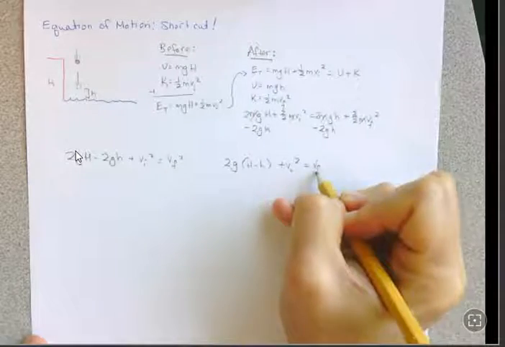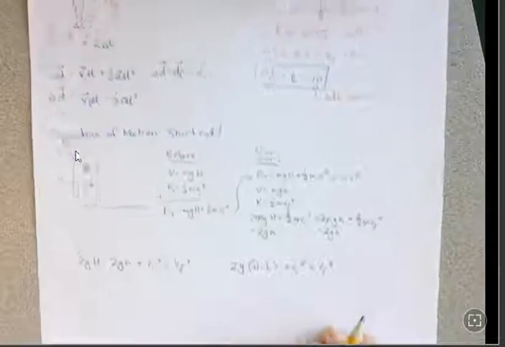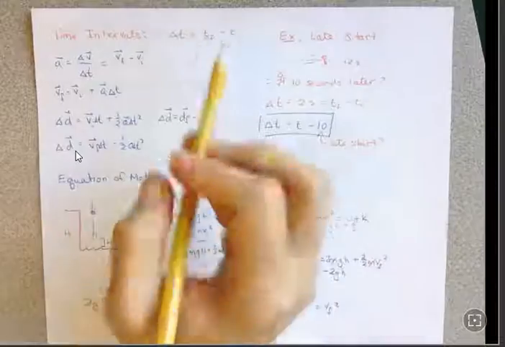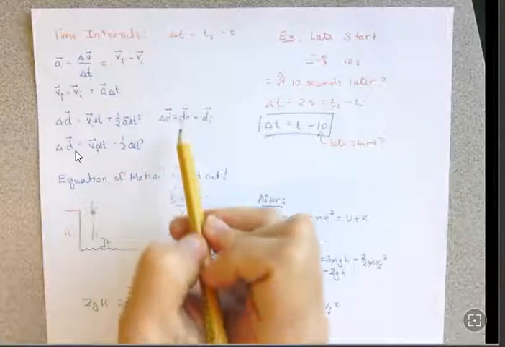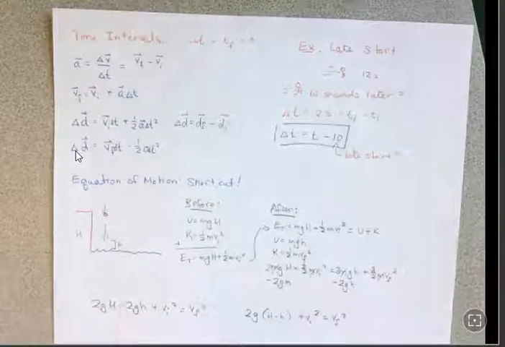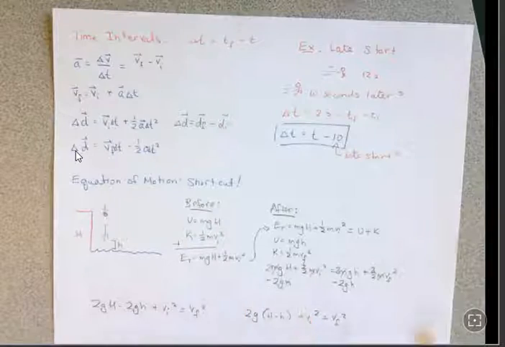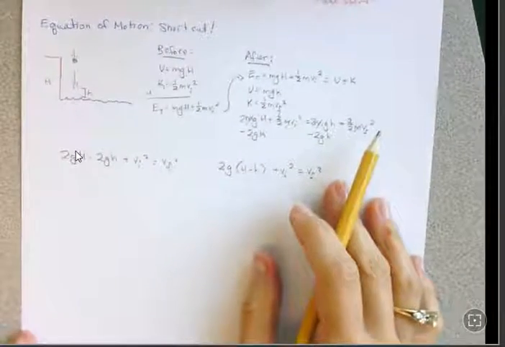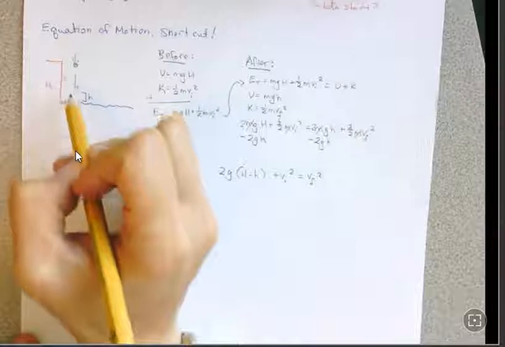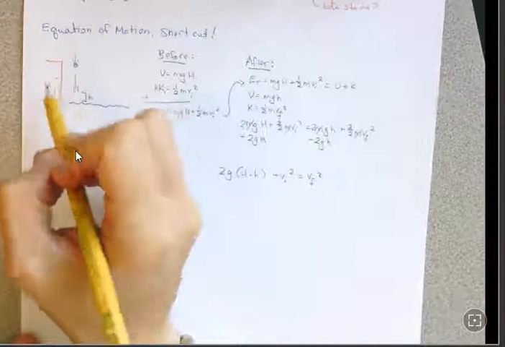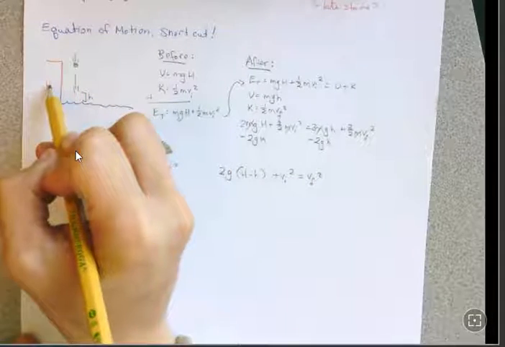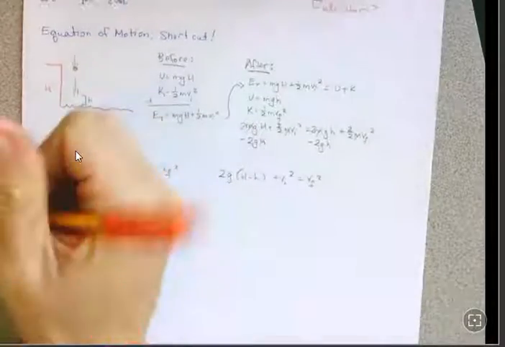Minus means delta. It means some sort of interval, like a time interval, or a change in velocity, or a change in displacement. Hey, hey, hey. Change in displacement. This is the change in displacement. Over here. You started at a displacement of big H, and you ended at a displacement of little h.